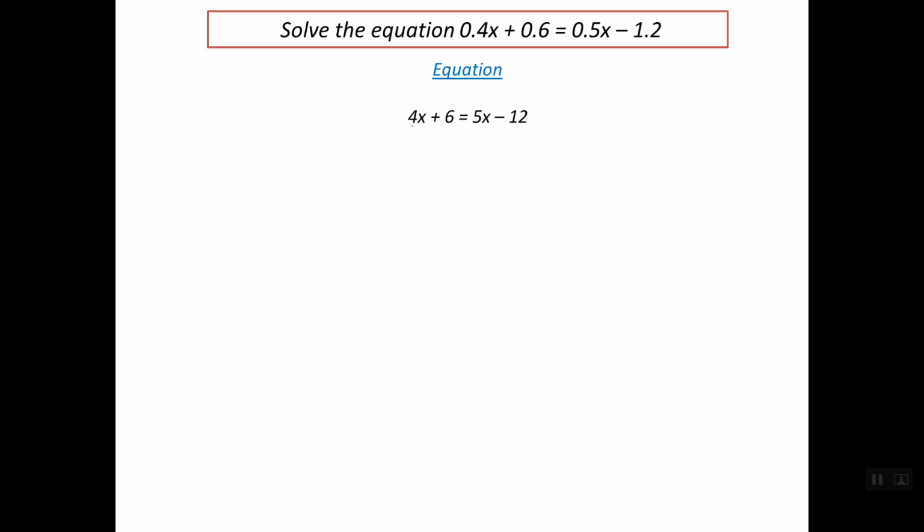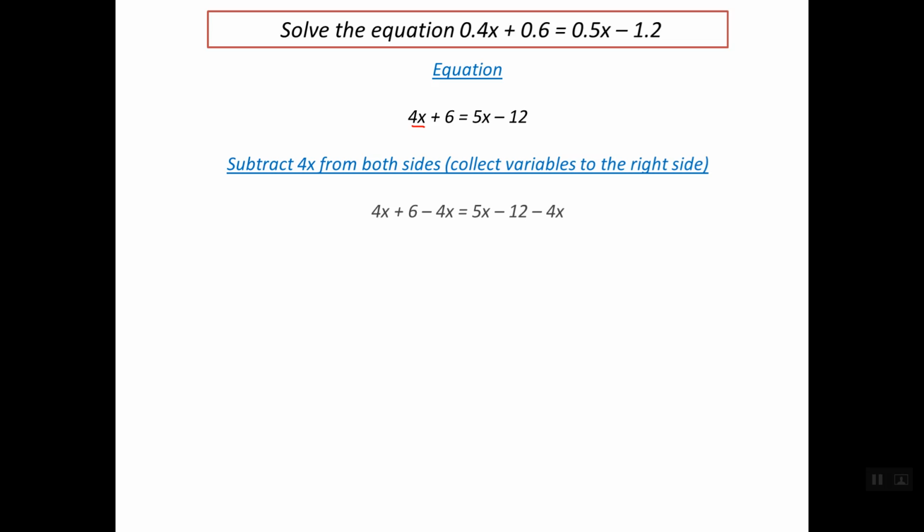Now we need to cancel the 4x. So we can subtract 4x from both sides, so that we collect the variables on the right side and the constants on the left side. The left side becomes 4x plus 6 minus 4x, and the right side becomes 5x minus 12 minus 4x.